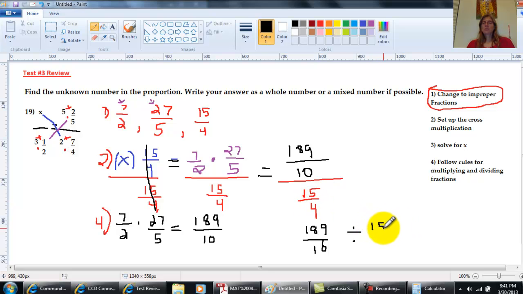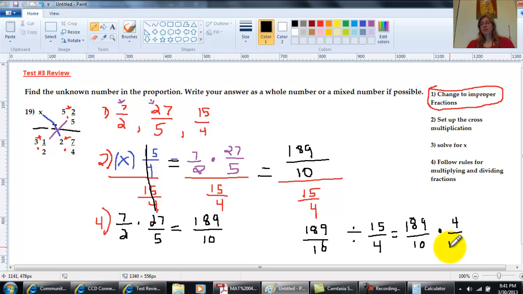Remember, we're not at the multiplication step yet, so don't flip anything over. Then once we have that, we can flip it over, and we'll have 189 tenths times, now we're going to take the reciprocal, 4/15.